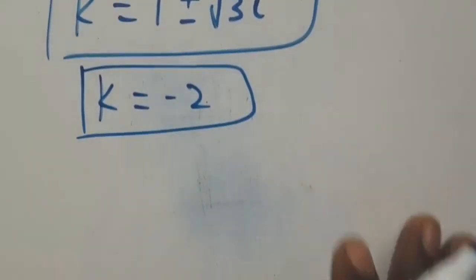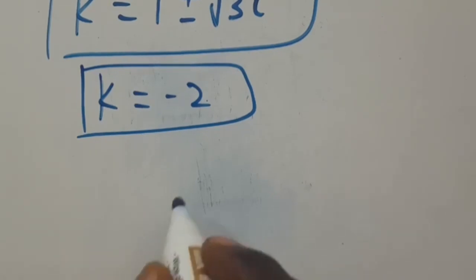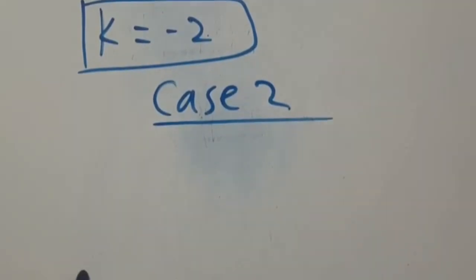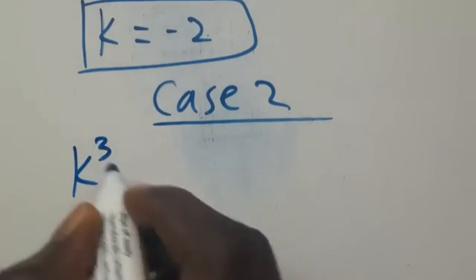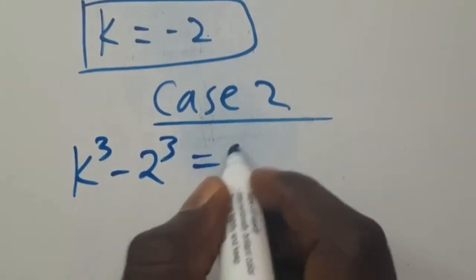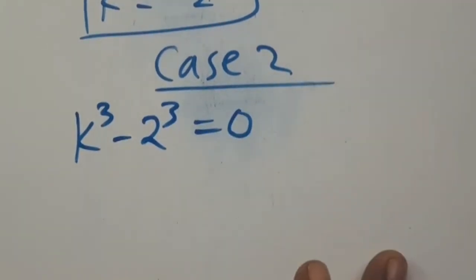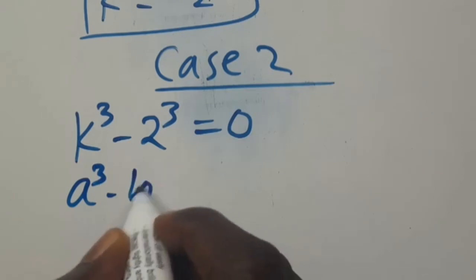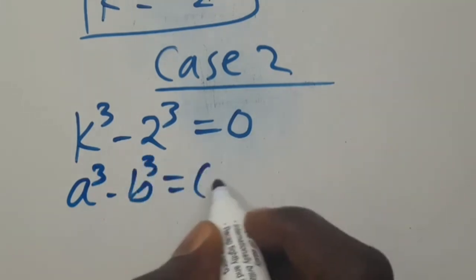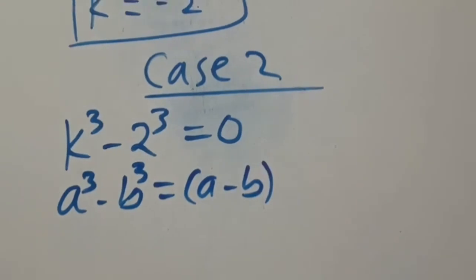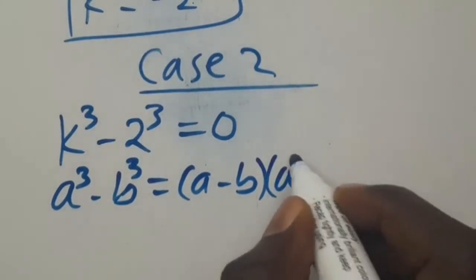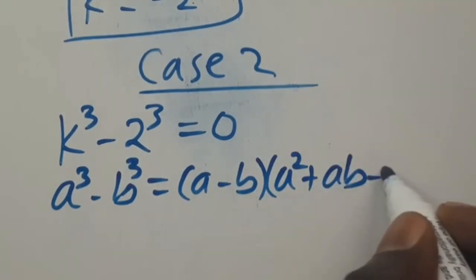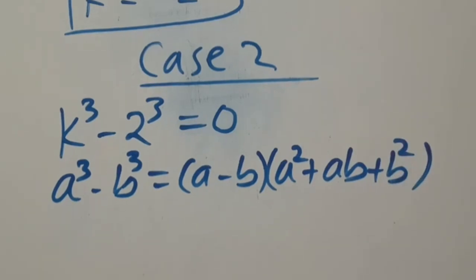Then let us also recall from case 2, where we have k to the power of 3 minus 2 to the power of 3 equals 0. Difference of 2 cubes. When you have a to the power of 3 minus b to the power of 3, we only have it to be a minus b, all in bracket, then multiply by a squared plus ab plus b squared.